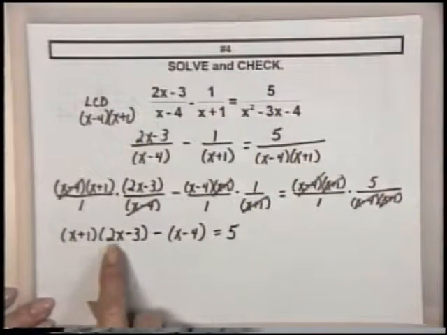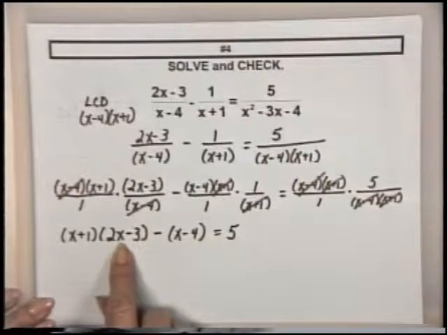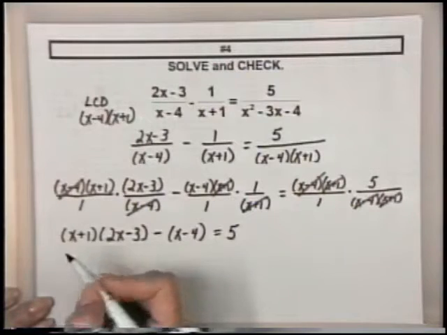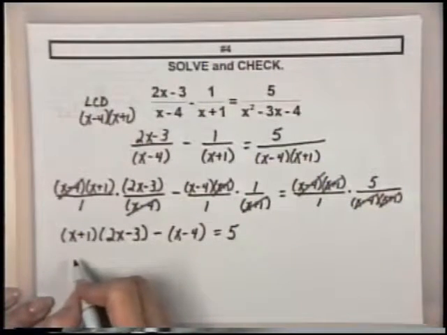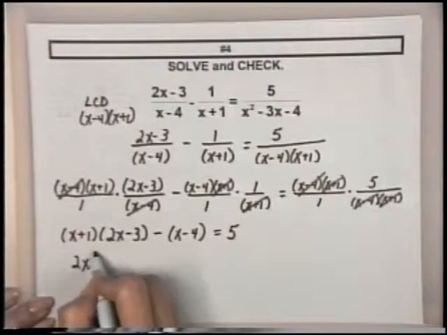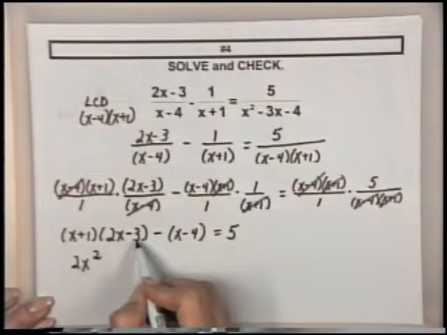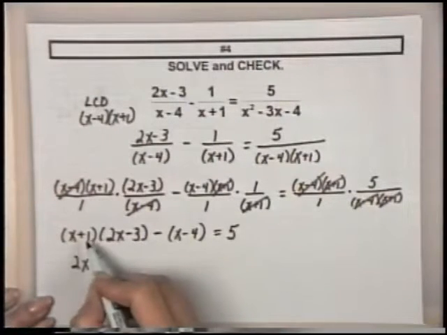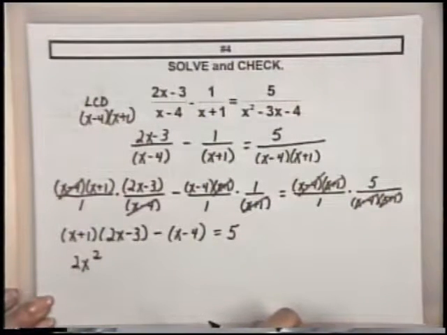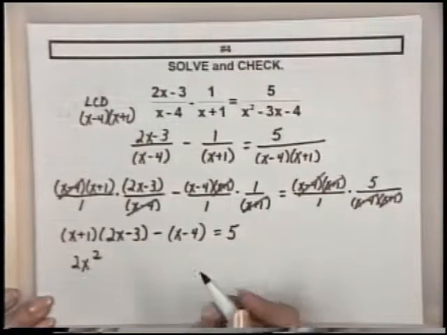Let's remove parentheses. To begin with, I am multiplying two binomials. I will use the FOIL method. X times 2x is 2x squared. For an outer term, x times negative 3 is negative 3x. For an inside term, 1 times 2x is 2x.